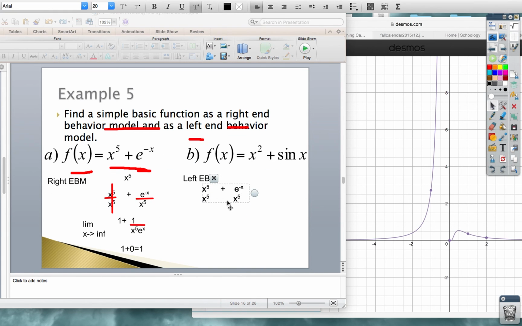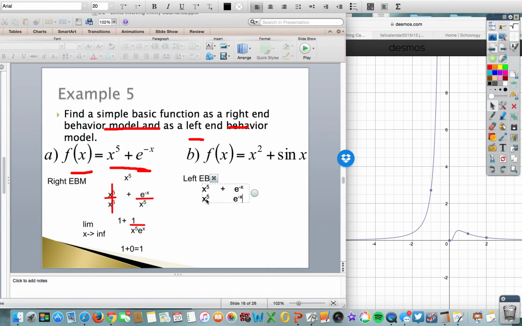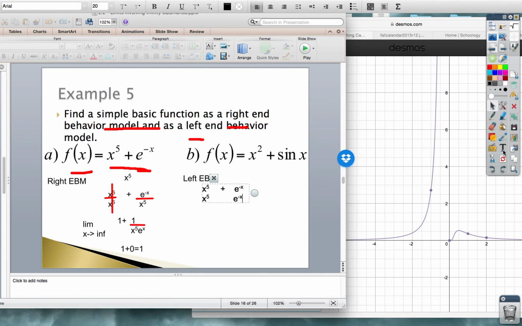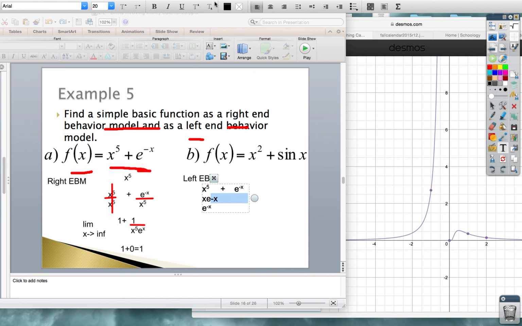In the last example, when we divided by x to the fifth, now we're going to divide by e to the negative x. And the same thing on the other side, e to the negative x.